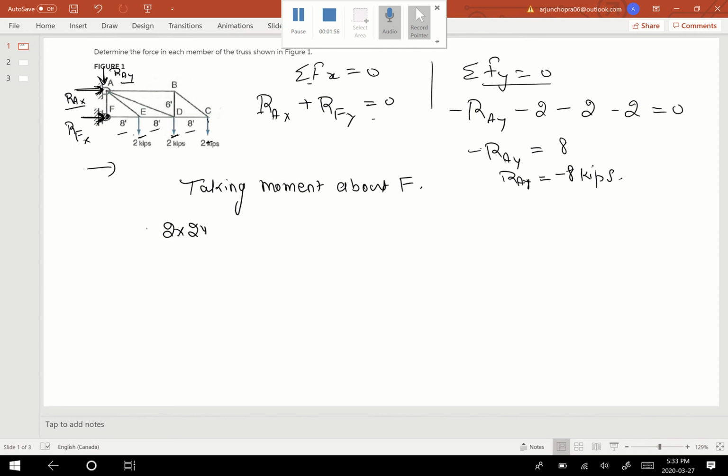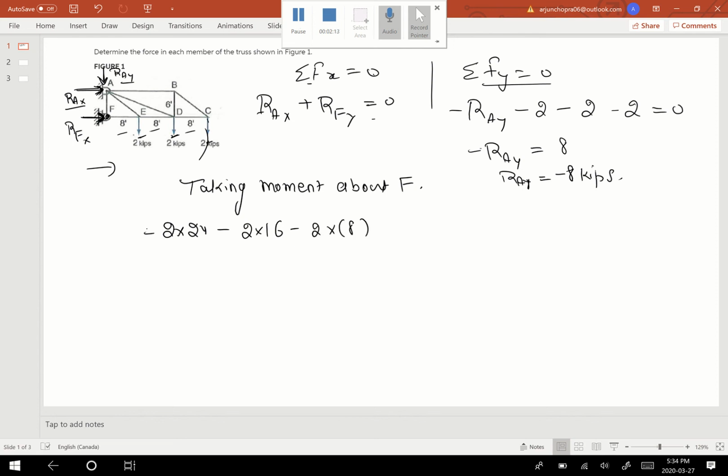This will be clockwise, this is trying to rotate clockwise, so this is negative: minus 2 times 8 plus 8 is 16, and then minus 2 times 8.